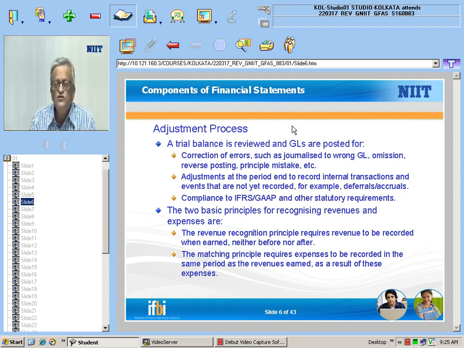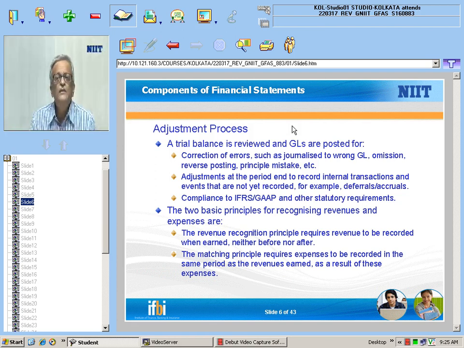This entire process is called the adjustment process, and the items which are accounted for are called adjustment items. So after the trial balance is taken, we have to ensure that all these items are accounted for, and then the trial balance that we get is called the adjusted trial balance.